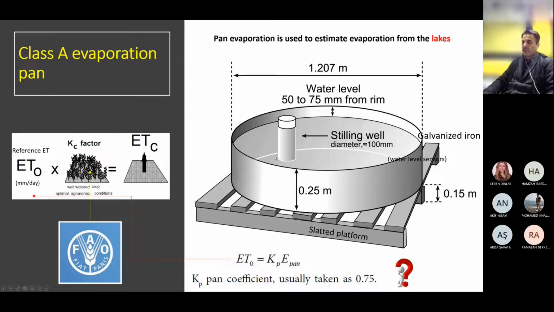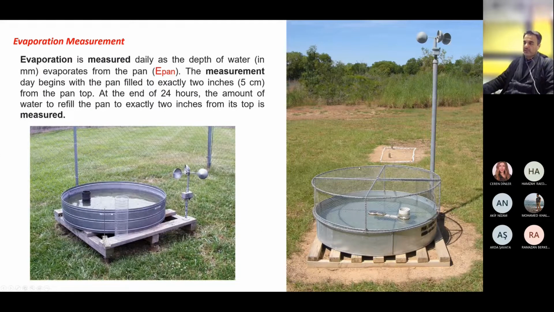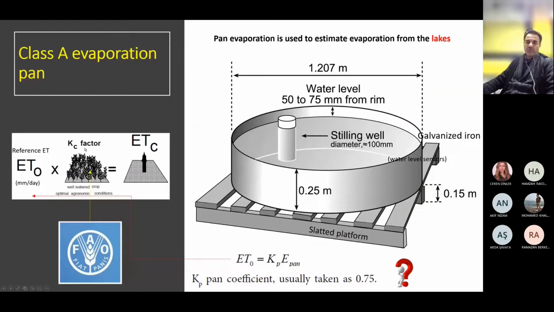And if this pan is located, for example, in such a place that has its own standard vegetation, for example, we assume that the area is mostly covered by this kind of plant, therefore a factor with respect to the plant, with respect to the standard, well watered and well organized, or we said excellently managed agricultural area or land, the relevant Kc should be multiplied to ET0 to find ETc, crop evapotranspiration.